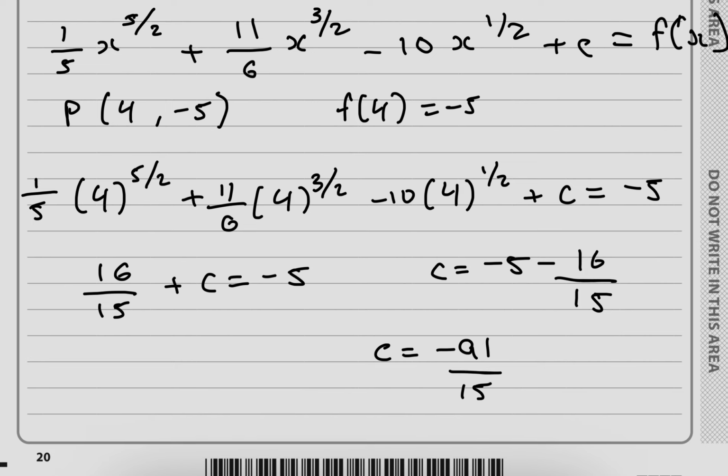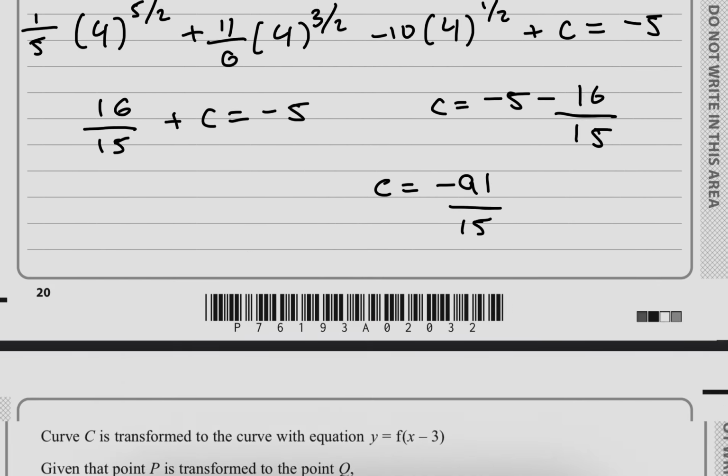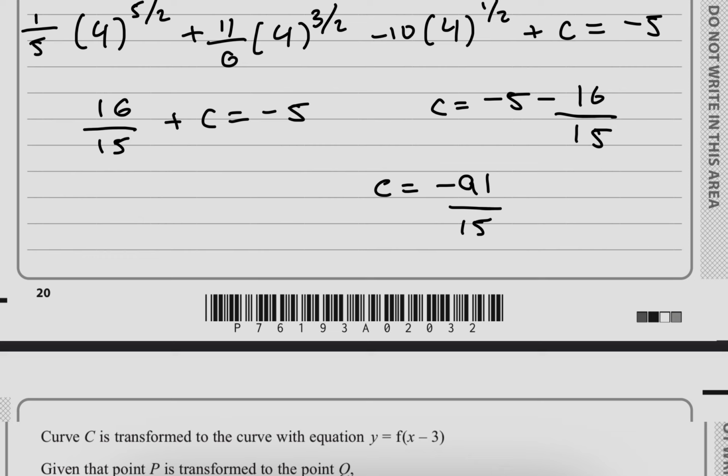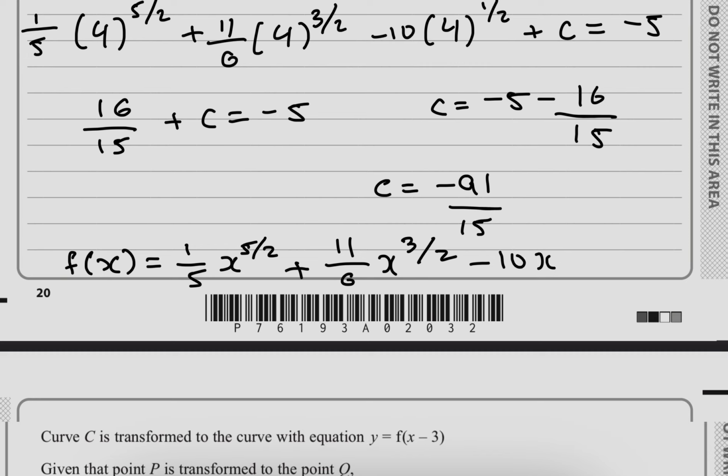Feel free to plug it into your calculator one more time just to recheck. So our final f of x is equal to 1 by 5 x to the 5 by 2 plus 11 over 6 x to the 3 by 2 minus 10x to the power half minus 91 over 15. There we go.